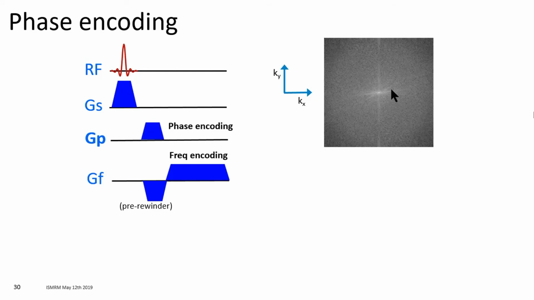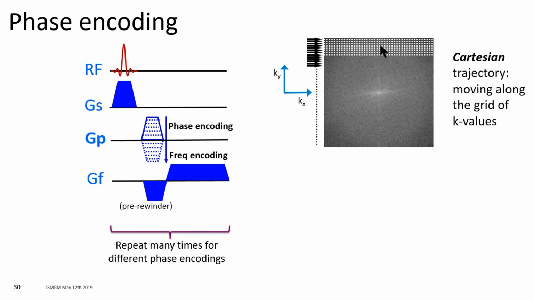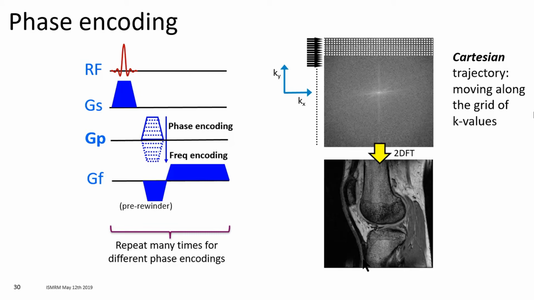And then we repeat this many times, and we just do this at different phase roll, different phase encoding steps, so that we can fill up all these different k-space values one by one. And then a two-dimensional Fourier transform allows us to calculate the image, weighted by relaxation times and so on.